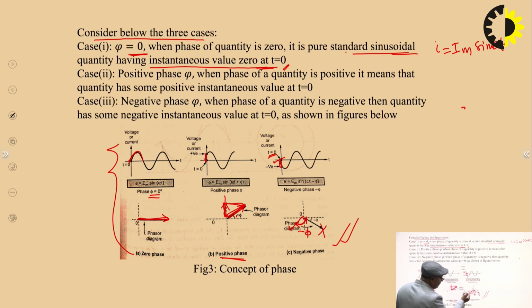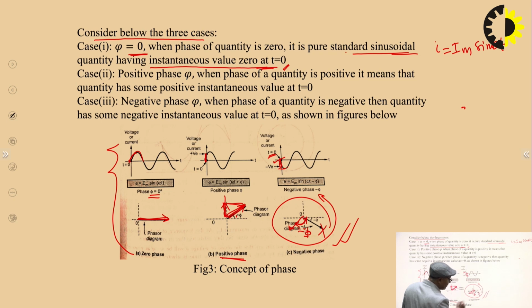We know that this phasor, or line, is continuously rotating in the anti-clockwise direction. Now, suppose at time t equal to 0 it had some negative value, and after that the negative value increases and becomes maximum negative after some time. So, its projection on the y-axis should increase.